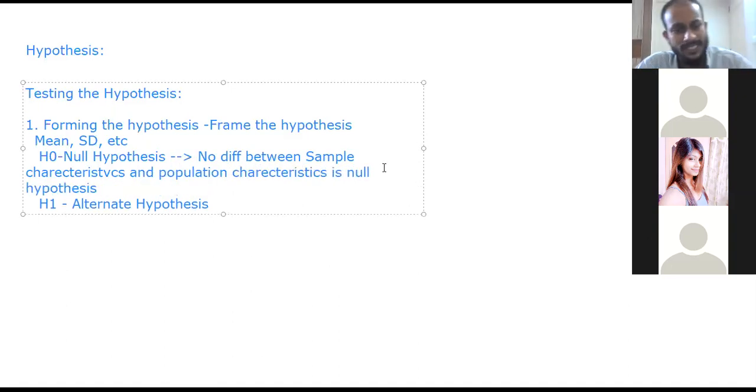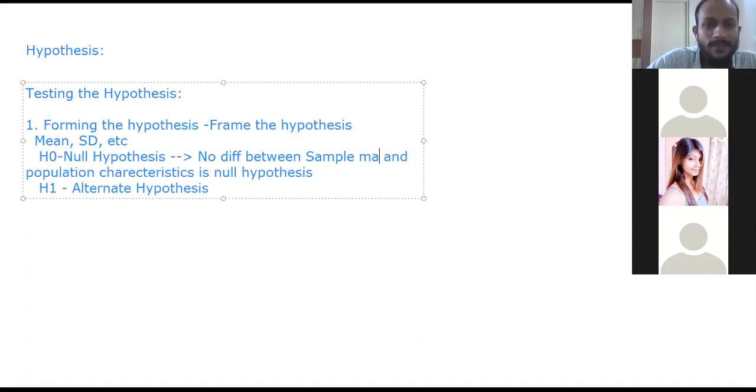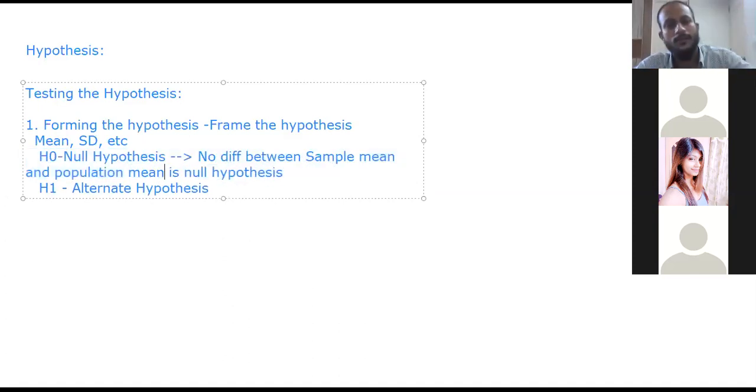Whenever there is no difference between sample characteristics and population characteristics, we call it the null hypothesis. This characteristic I can replace with something like the mean. It may be the standard deviation or it might be the median. Like this I can replace. So this is what we call the null hypothesis.